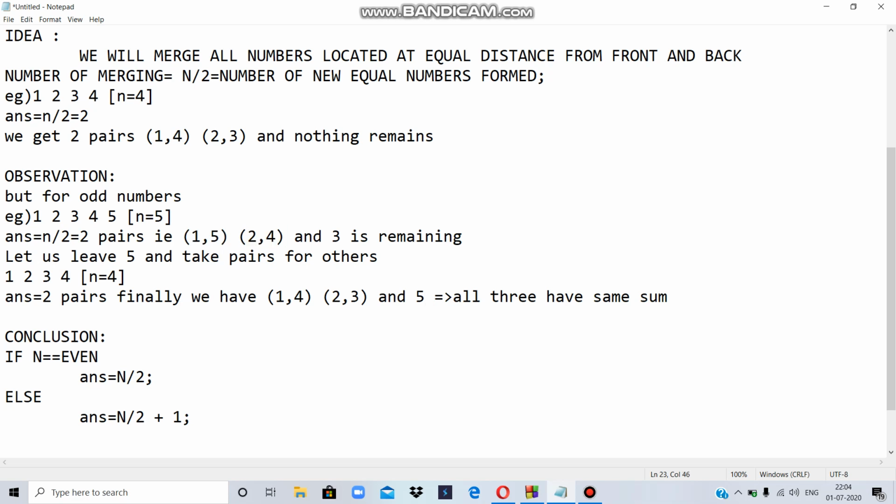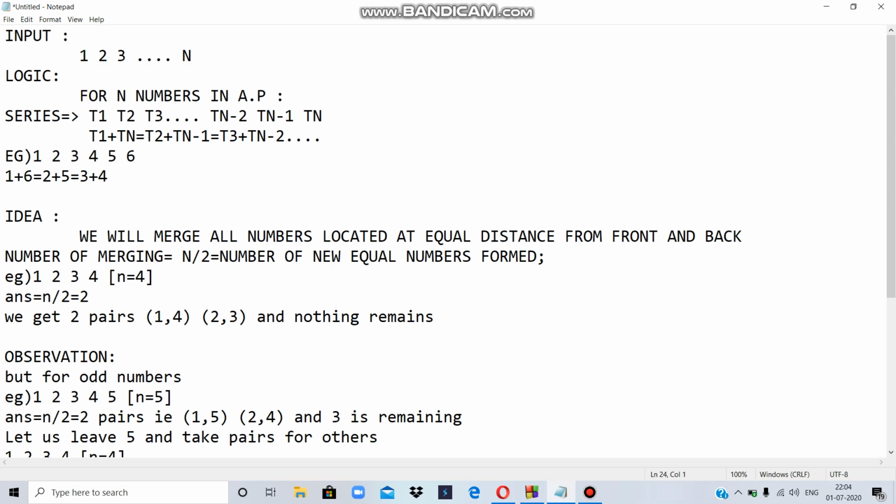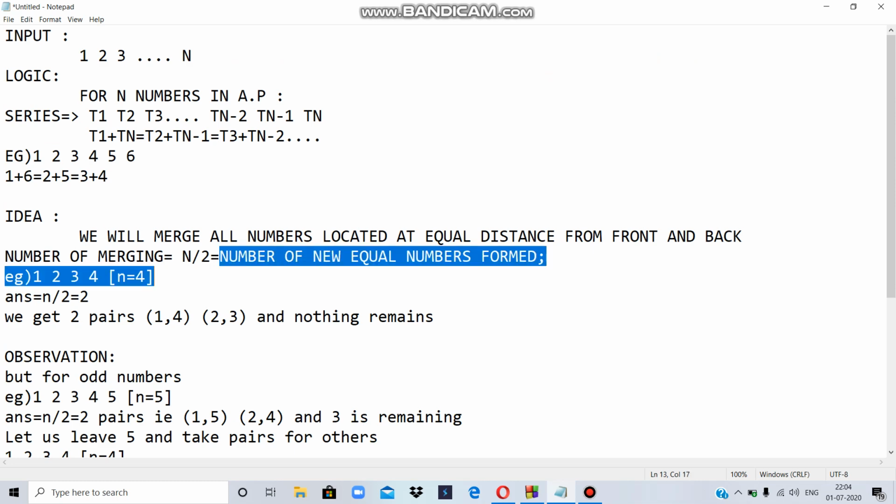So from this we can come to a conclusion that if our number n is even, then simply our answer would be n by 2, because that would be the maximum number of mergings that we'll be able to do, and that will also be equal to the number of pairs that will be formed.